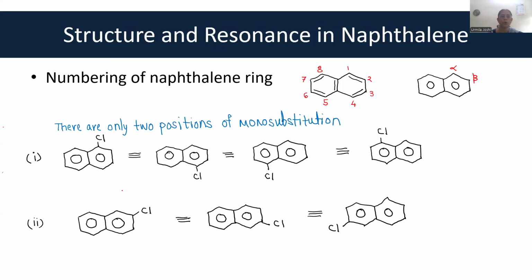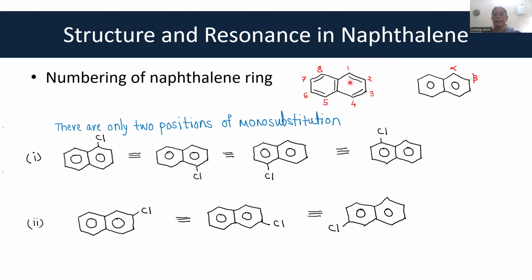Now let us go to numbering of the naphthalene ring. By convention, the numbering in a polynuclear aromatic compound always starts with the right-handmost ring and the topmost carbon, and that is the reason why I have numbered this as number 1.